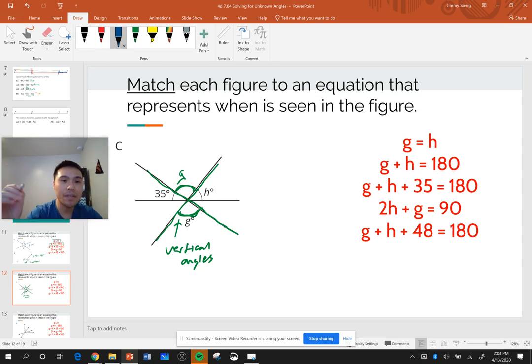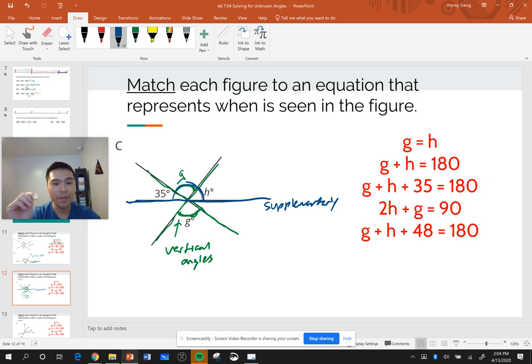So now if I was to look at that, I have here again that horizontal line. I'm trying to get an equation out of it. That horizontal line represents supplementary, which is 180 degrees, right? And so if I add all those angles up, that's going to give me that 180 degrees.